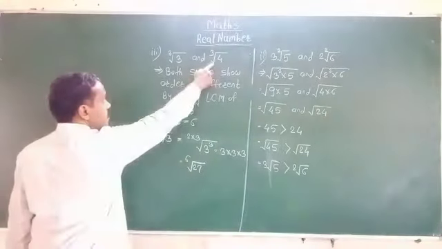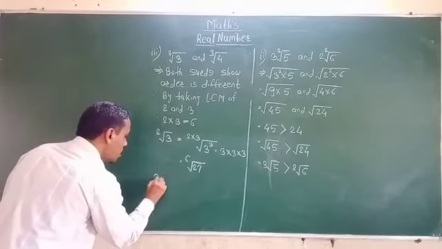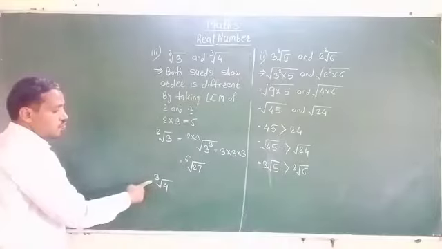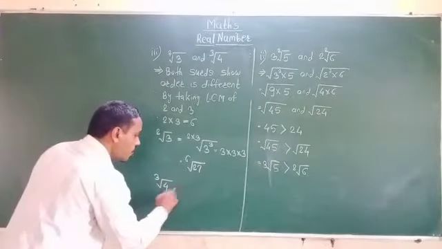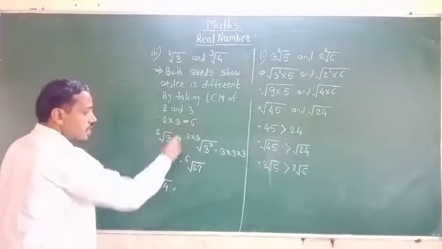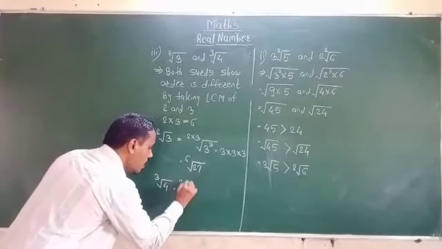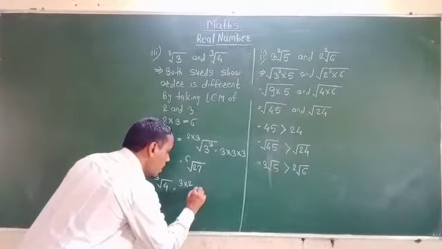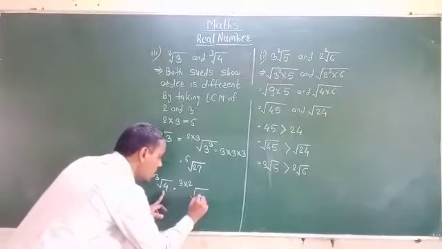Then the second surd is the cube root of 4, with order 3. When we multiply 3 by 2, we get 6. Then we multiply 3 by 2, and the radicand gets the second power.